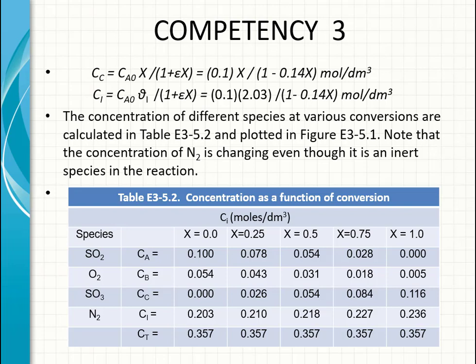And in this table we have, for all the species SO2, oxygen, SO3, and nitrogen, the concentration of each of them, CA, CB, CC, CI, for different values of X, according to the expressions that we just got on top.